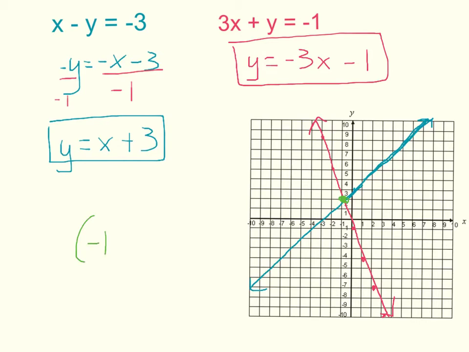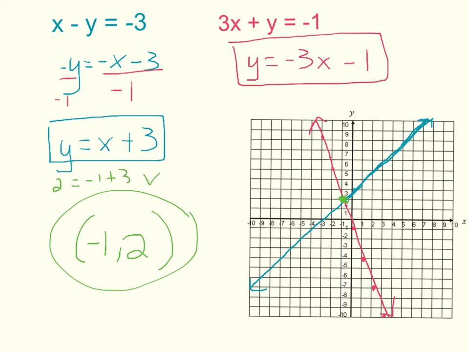So negative 1, 2 is the solution to that system. And remember, you can check. Is negative 1 plus 3 equal to 2? Yes, it is. And if you plug in negative 1 here, is negative 3 times negative 1 minus 1 equal to 2? It is. So therefore, I have checked that negative 1, 2 is the solution to my system.